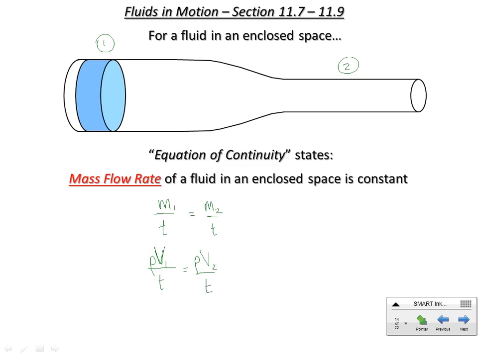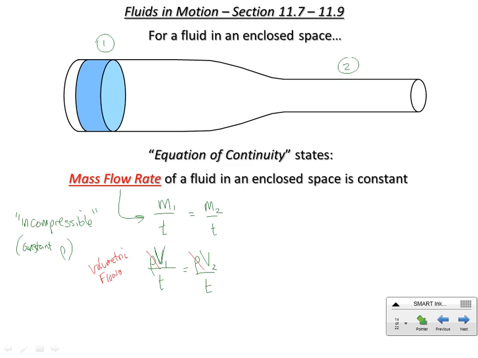Now again, we are assuming the fluid is incompressible, meaning the density doesn't change, so density is the same everywhere. Where this is mass flow rate, if it's volume per unit time, we call it volumetric flow rate.